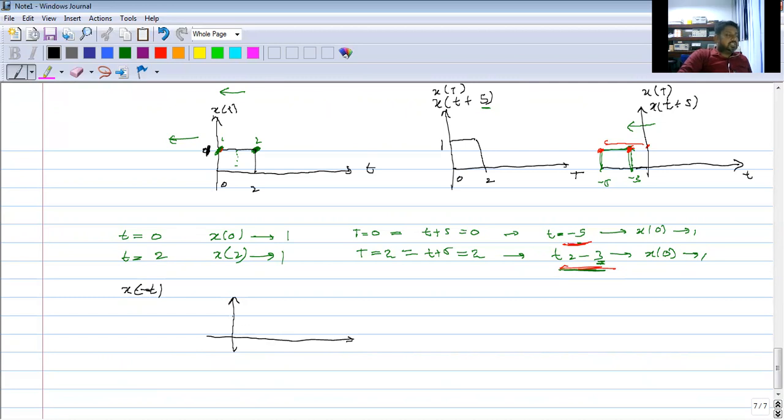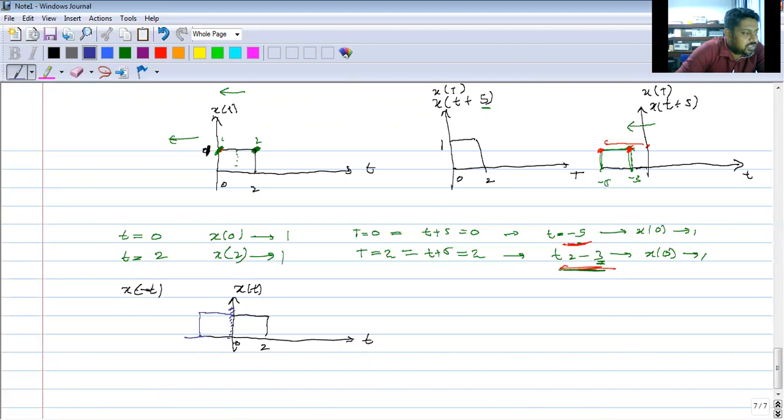So if you consider the signal, here it is 0, here it is 2, and this is x(t) with respect to t. You know that if it is the time reverse signal, we have to get the mirror image on this y-axis. So you will get this kind of signal.